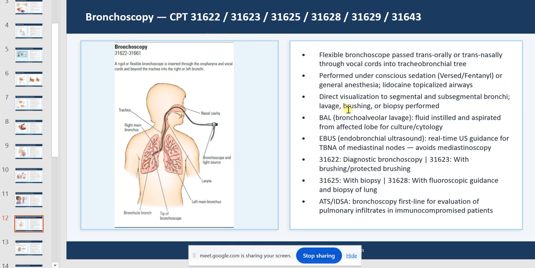We have so many codes. So what is the code for diagnostic bronchoscopy?